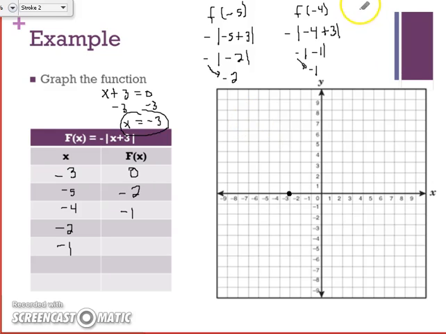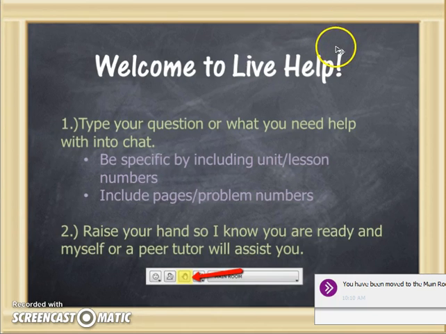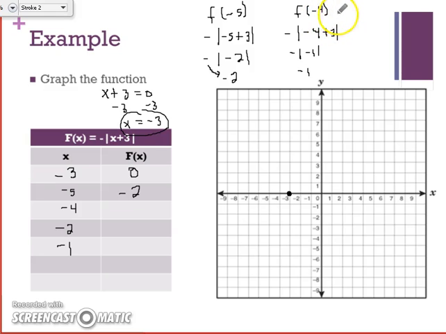So trying it with f of negative 2, plugging in negative 2 for x. So negative 2 plus 3, we have the absolute value of negative 2 plus 3 is 1. Absolute value of a positive 1 is 1, but it still equals negative 1.